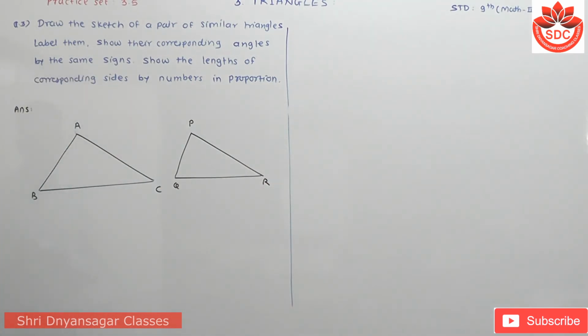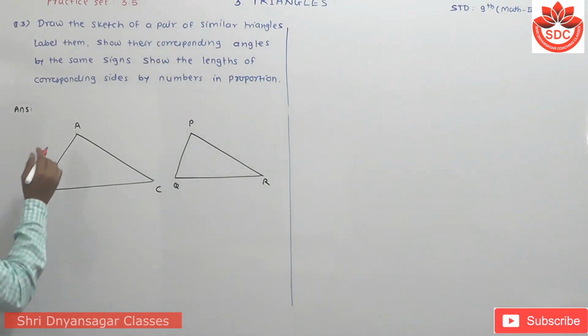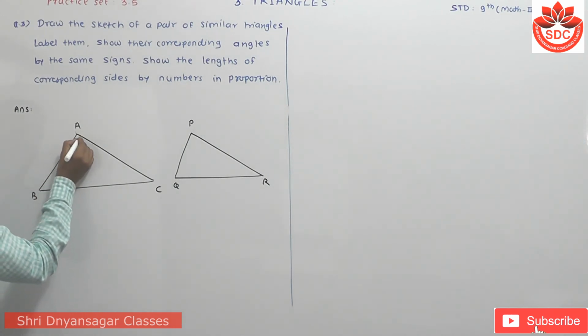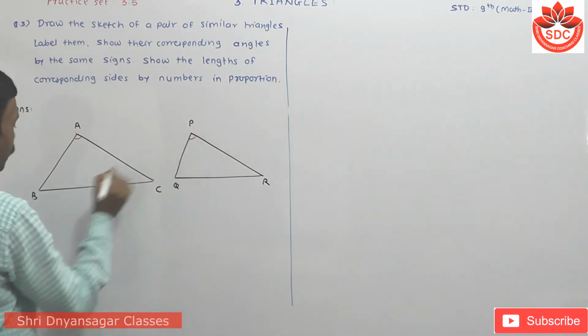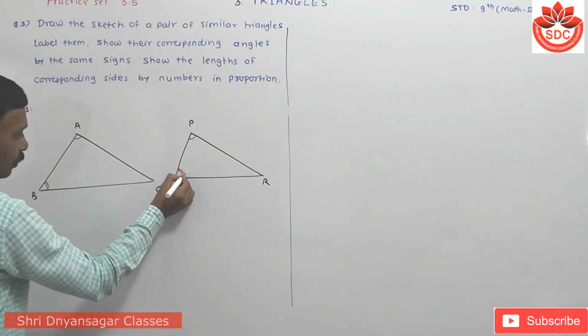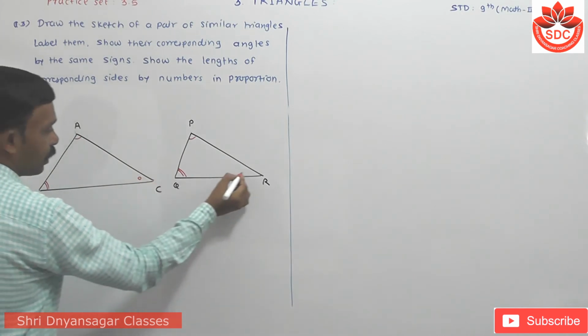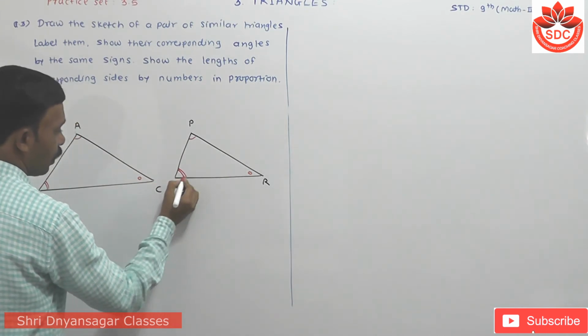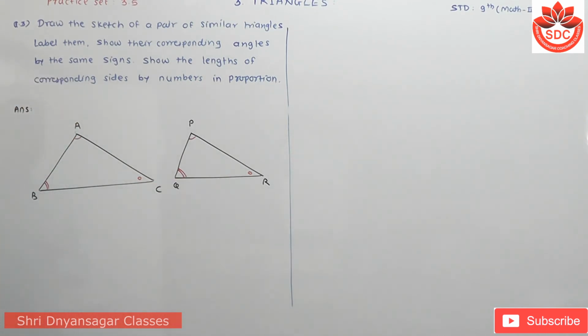Now I have to label them using identical marks. Suppose angle A is congruent with angle P, angle B is congruent with angle Q, and angle C is congruent with angle R. And the corresponding sides are in proportion.